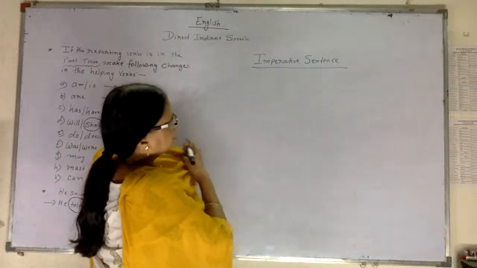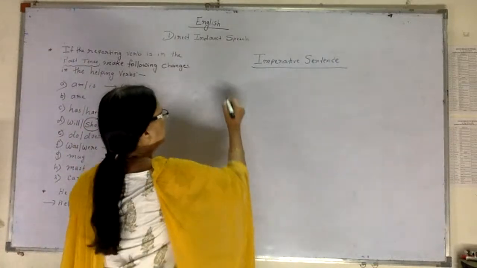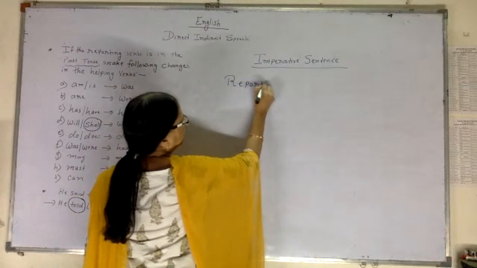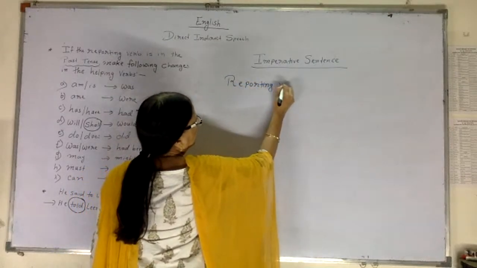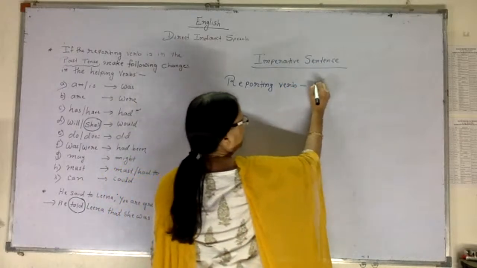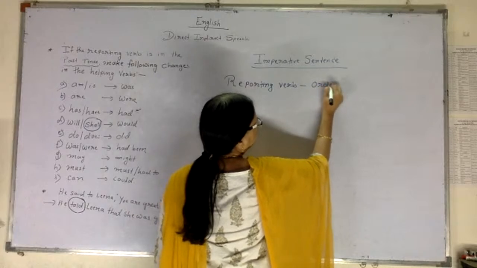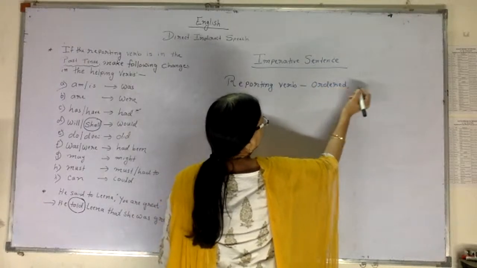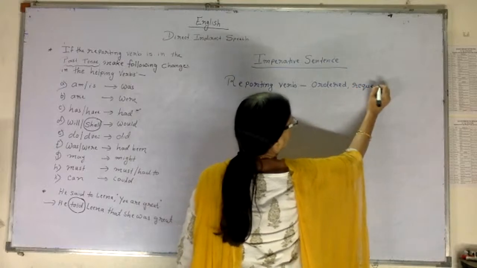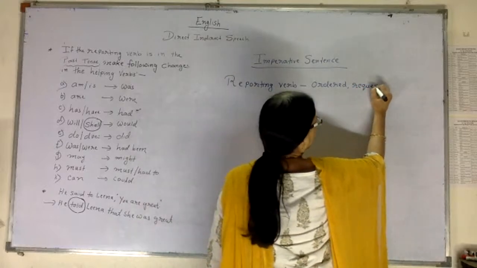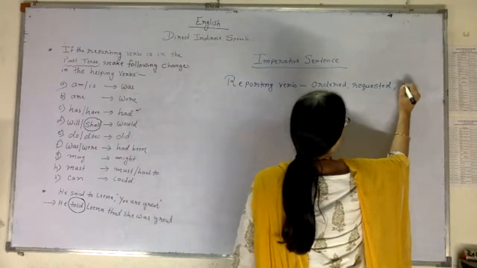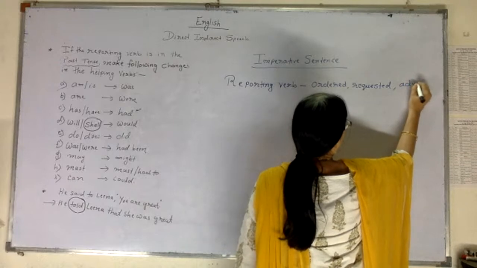If it is an imperative sentence, the reporting verb changes according to the statement. You can use "ordered," or "requested." If it is "Please give me a glass of water," then "please" denotes a request, so you can use "requested." Or "advised."